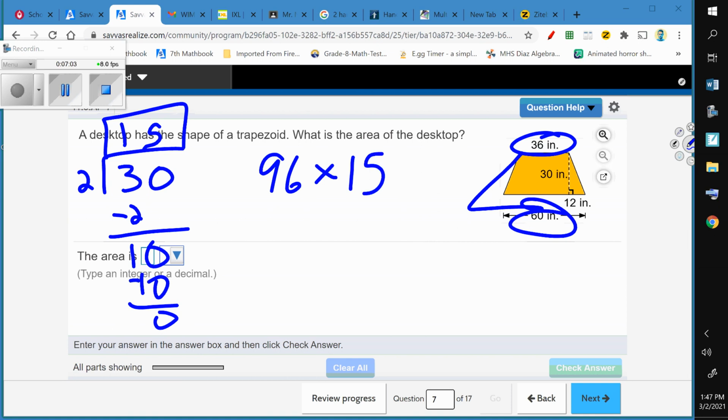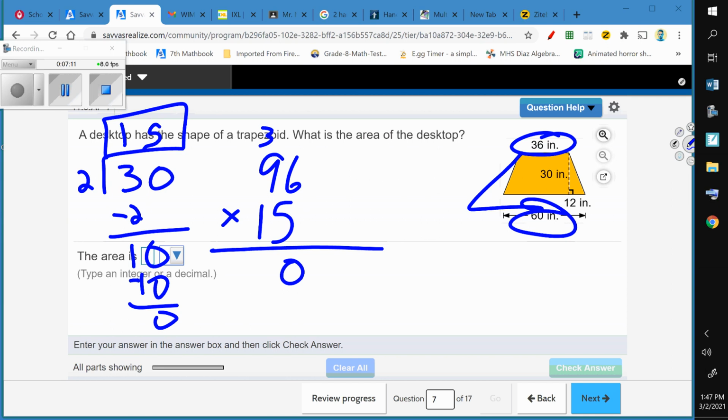So you're going to need to multiply both of those numbers, and I'll get you started, and you're going to finish it, okay? 6 times 5 is 30. 9 times 5 is 45, plus 3 is 48. You're going to skip this. Don't put anything there, and then do 1 times 6, 1 times 9, and add, okay? So finish that on your own, and then put your answer in.